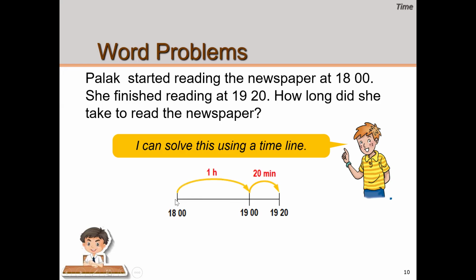She started reading the paper at 1800 hours, and she finished reading the paper at 1920 hours. So from 1800 to 1900, she covers 1 hour. And from 1900 to 1920 hours, she covered 20 minutes. So total, she took 1 hour 20 minutes to read the newspaper.